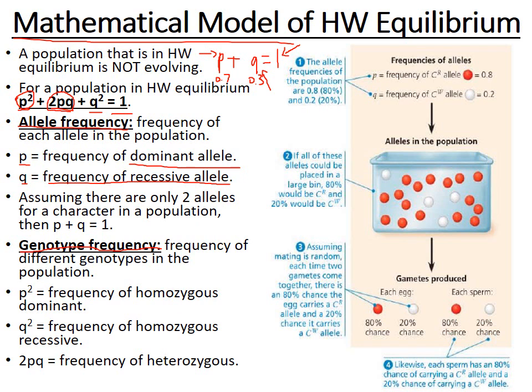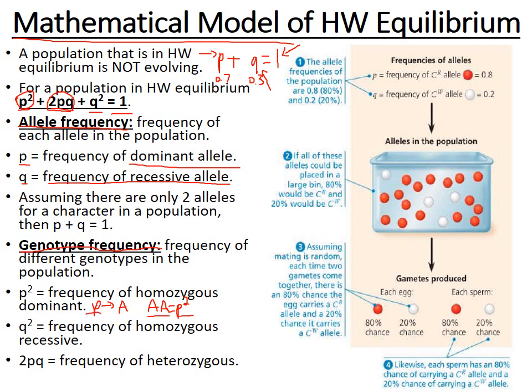The p squared represents your frequency of homozygous dominant individuals. Remember, p represents your dominant allele. So if you have AA, big A, that's your homozygous dominant, that's going to be p squared. So A is p, but AA is p squared.